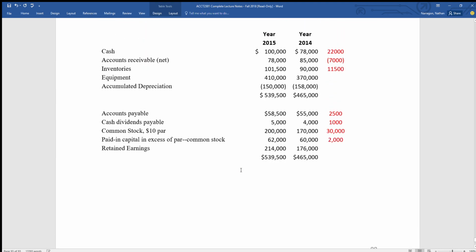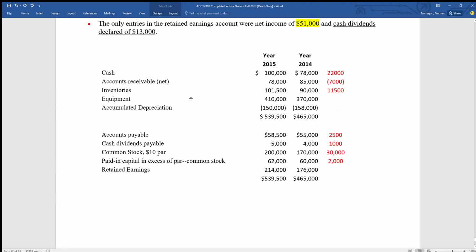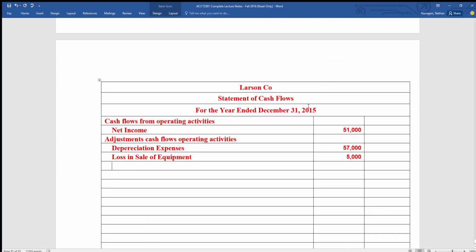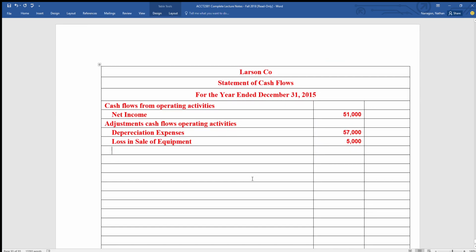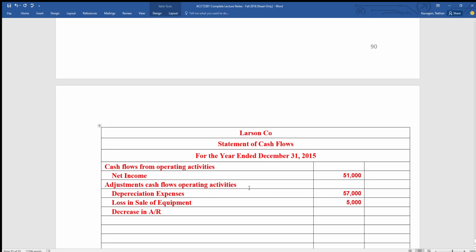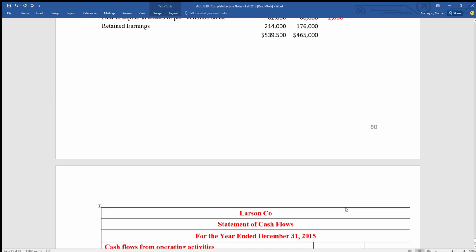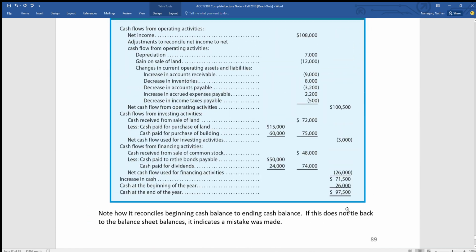Next, let's look at our current assets. Accounts receivable. It decreased. So when accounts receivable decrease, we must actually add that back. Okay, so we're going to add back 7,000.